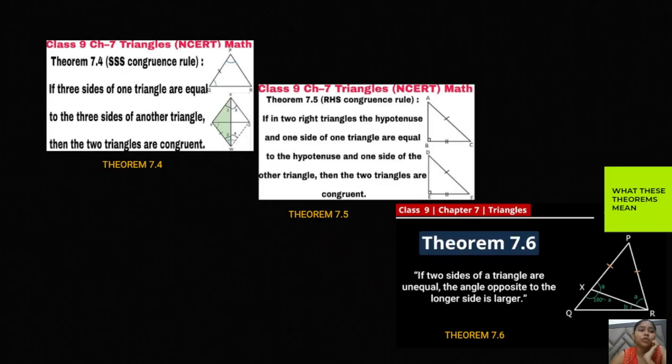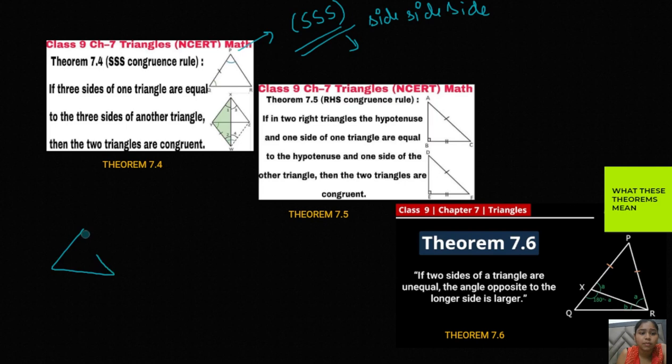Let's move forward towards theorem number 7.4. Theorem number 7.4 is the SSS congruency rule. SSS, as the name suggests, is side, side and side. So this is very easy, no need to explain them. These are the two triangles, triangle ABC and triangle PQR, right?